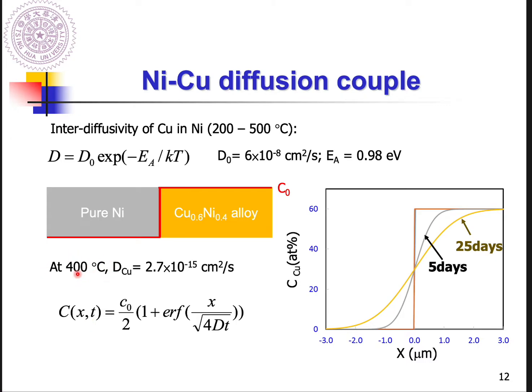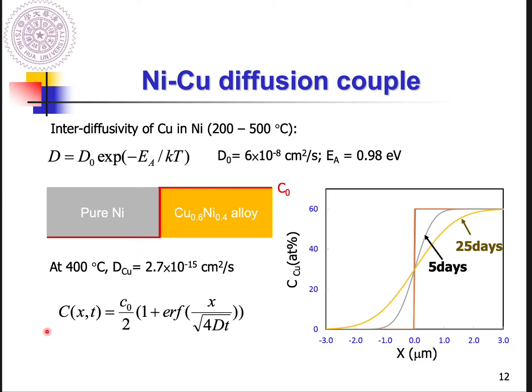Now here it is 400 degrees C. Then you insert the 673 K here and put the D0 here and the activation energy here. You get the diffusivity of copper expressed like this.